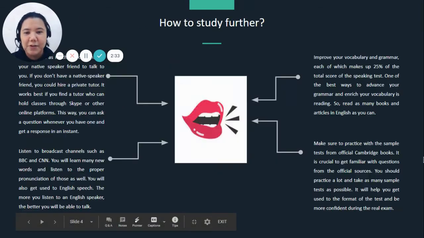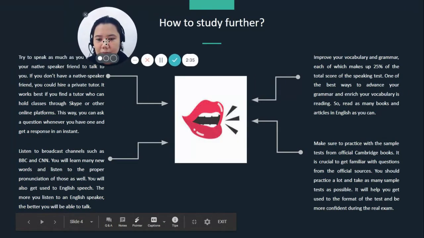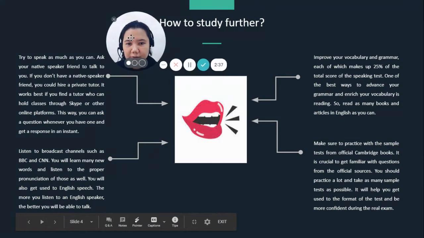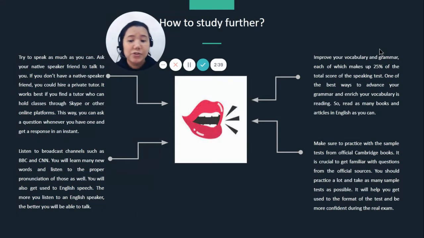All right, moving on. Next, how to study further. Now, for this one, I think there are 4 different ways for you to be able to do that. So try to speak as much as you can. If you do have a native speaker friend, ask your native speaker friend to talk to you.